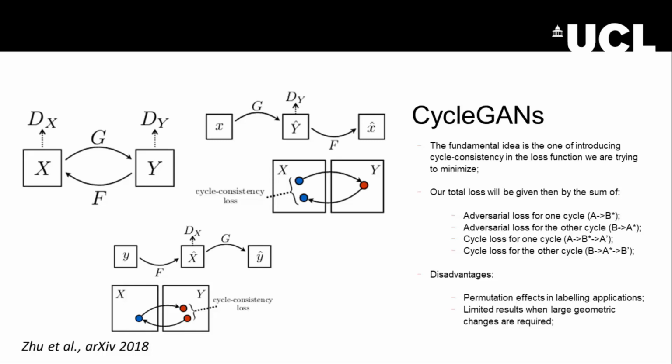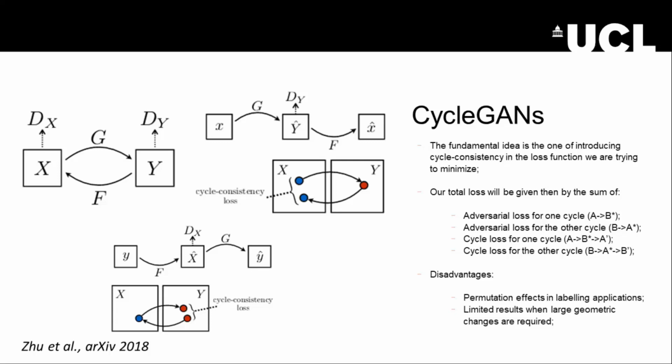Then you will have a discriminator that will say if the fake histology actually looks like real histology. Then you are transforming the fake histology back into an actual MRI, and you are introducing the cycle consistency loss. That is, the MRI reconstructed from the fake histology needs to be the same as the original. In other case, it means that something has gone weird. It's a very good constraint, and it works very well.